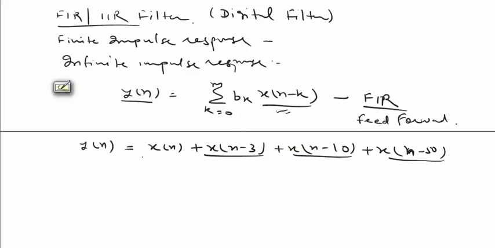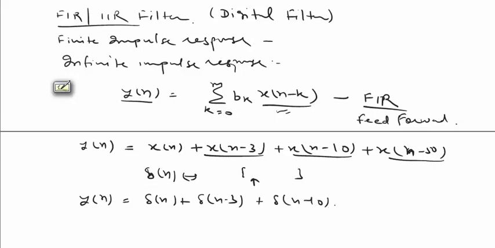The response is limited within a band; the number of samples in the output is finite. If we put an impulse delta[n] as input, we get a finite response: delta[n] plus delta[n minus 3] plus delta[n minus 10] plus delta[n minus 50], located at locations 0, 3, 10 and 50.